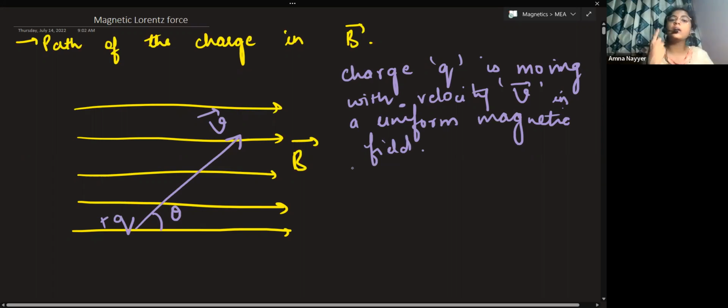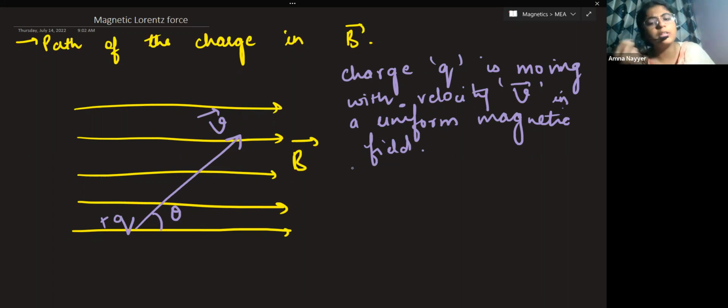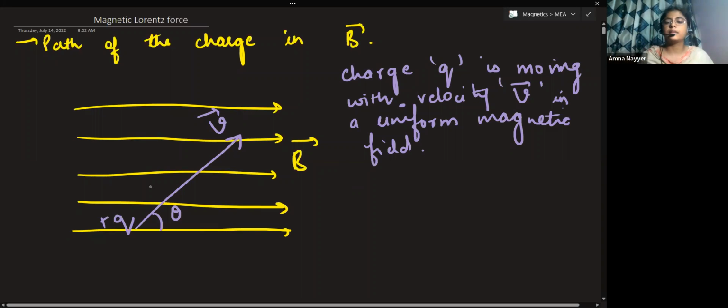Now, the magnetic Lorentz force will give you the magnitude and the direction. Since it's a force, obviously we'll have to calculate its direction as well. First, let's see the formula. The magnetic field exerts a magnetic force on the charged particle.